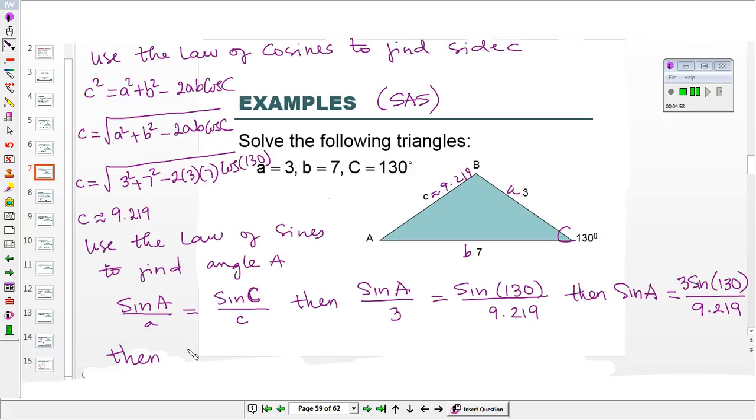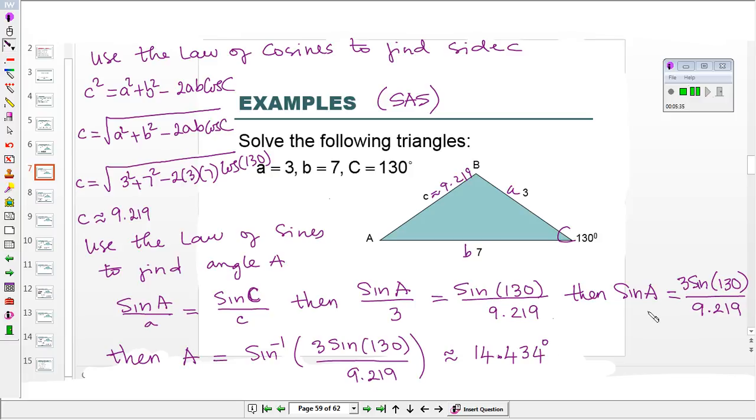Then the angle A is inverse sine. Now you can put this expression in your calculator and output a number. For the time being, I'm just going to go ahead and use the composite. So I'm going to put it all in here: 3 sine of 130 over 9.219, and the angle A is about 14.434 degrees.